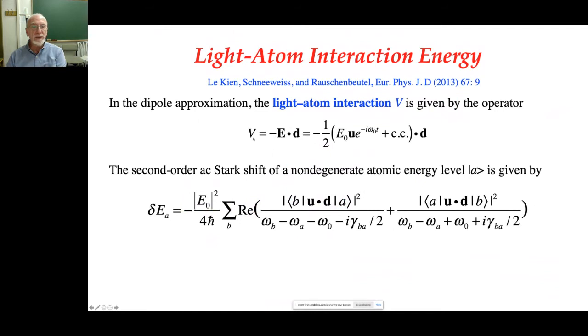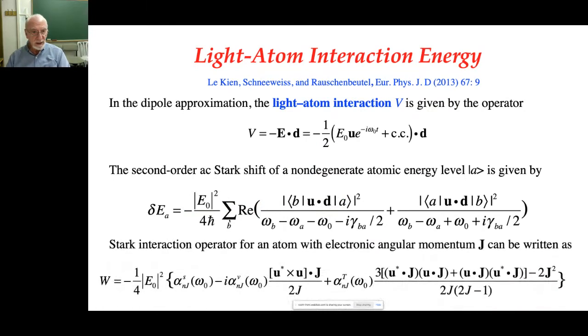If we do second-order perturbation theory, we obtain the second-order AC Stark shift, which is proportional to the intensity of the light field, inversely proportional to the detuning, and with a matrix element that goes between the state of interest A and intermediate states, and then we sum over intermediate states.